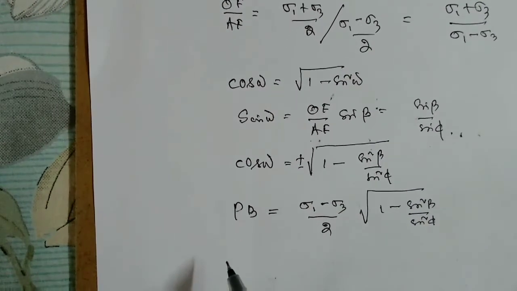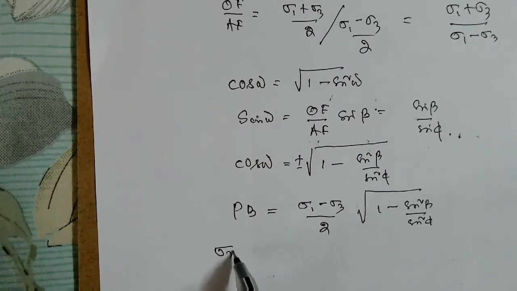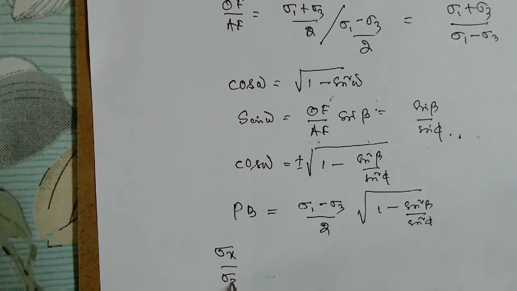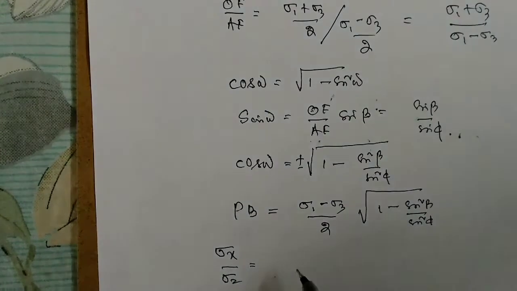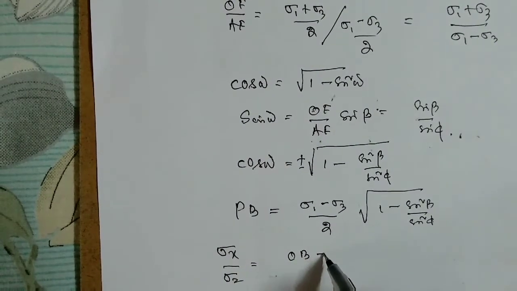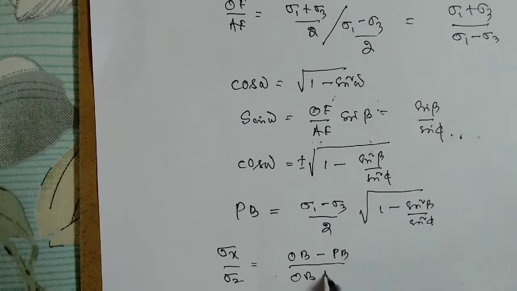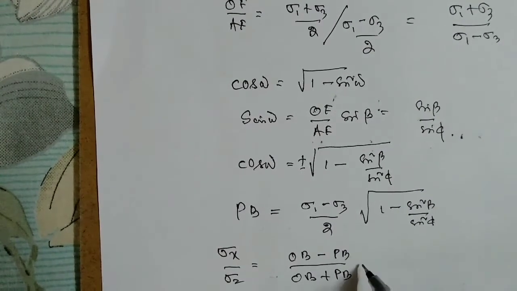So finally our ratio sigma x by sigma z, which was OB minus PB by OB plus PB, can be rewritten.